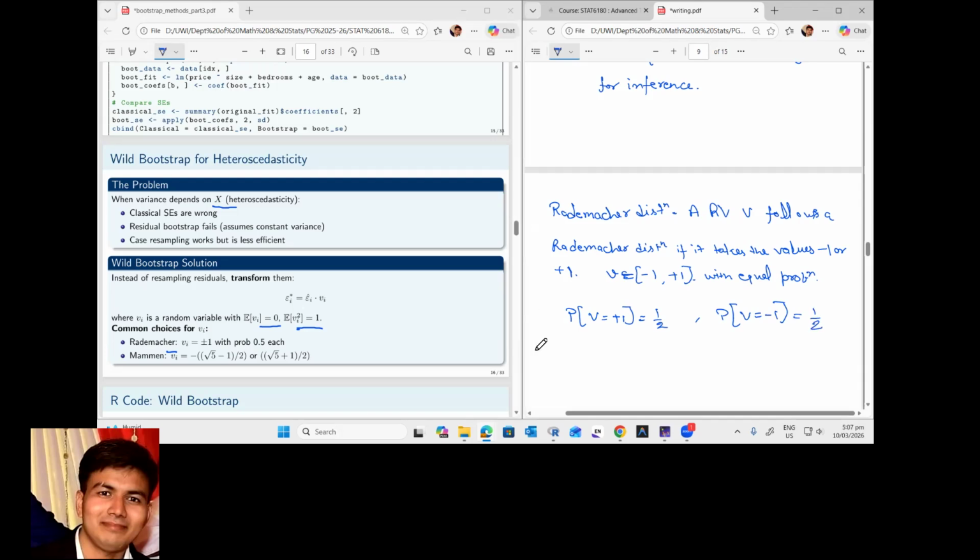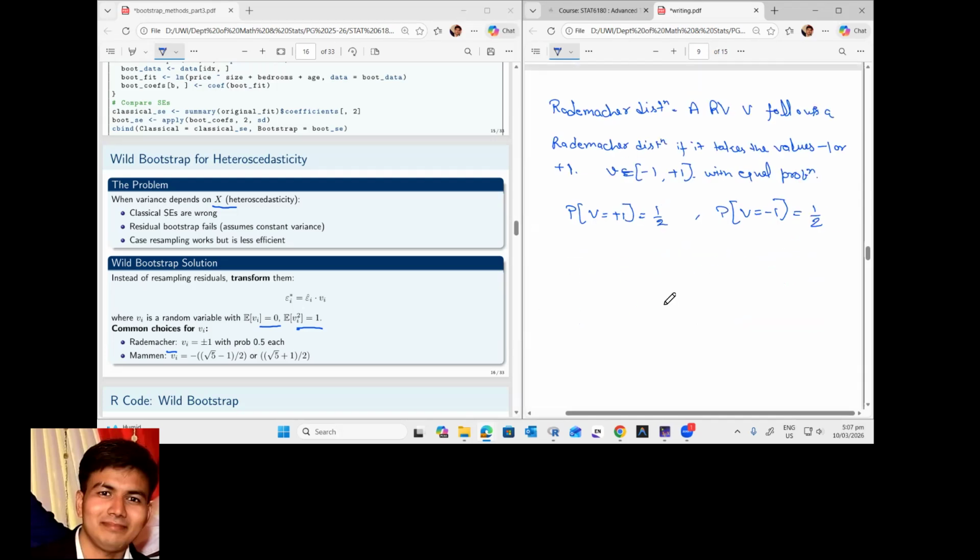So why do we use this distribution here? Because it has the key property that the expected value of v is always 0, the expected value of v squared is 1, and the expected value of v raised to the power 3 is also 0. So that is suitable for us. Another distribution that we have is the Mammen distribution.